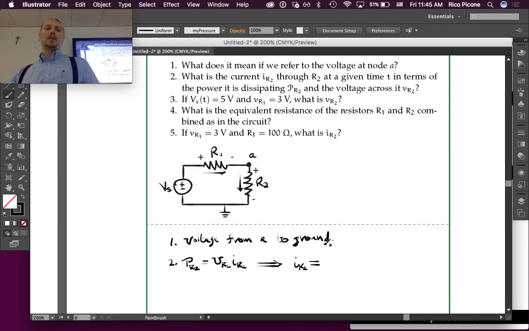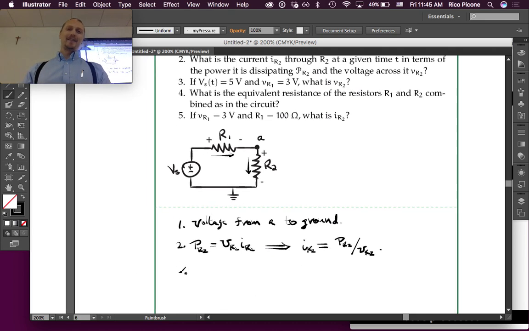So IR2 is equal to PR2, it's mostly an exercise in writing subscripts, divided by VR2. And that's the current, which is what I asked for, of resistor 2 in terms of the power it is dissipating and the voltage across it. Pretty much just a little manipulation of one of the formulas. Nothing to see here, really. They get a little bit more fun, though.